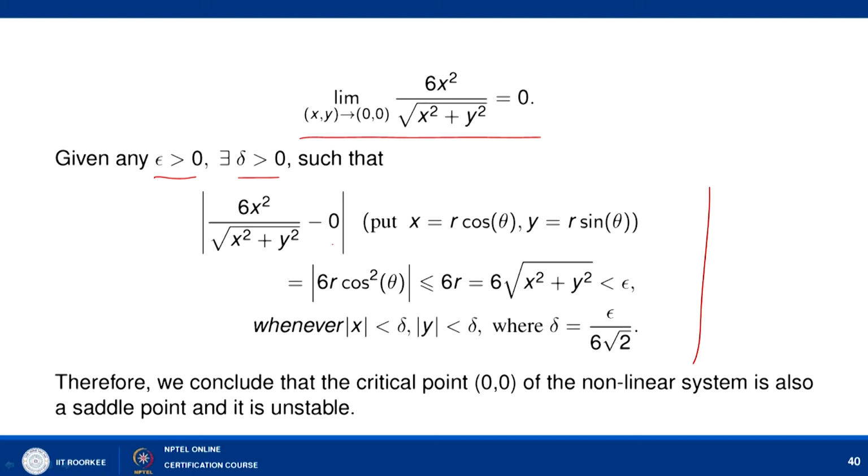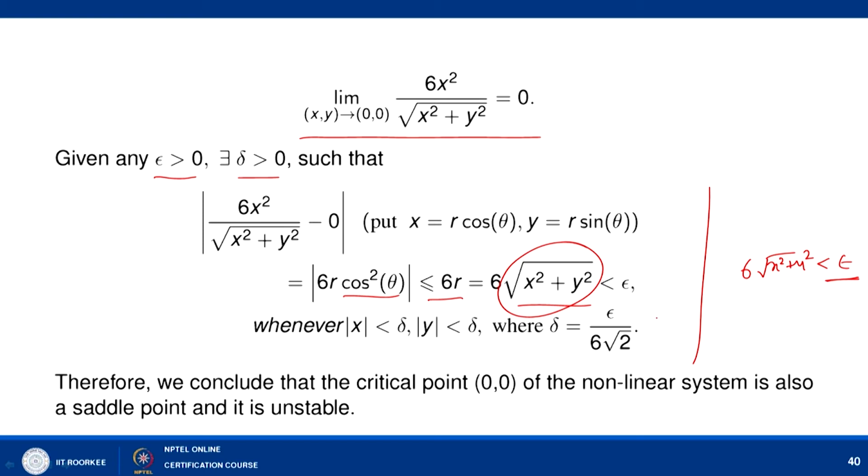So, this is nothing but 6 r cos square theta. Now, cos square theta is less than or equal to 1. So, we can say that it is less than or equal to 6r, which is nothing but 6 under root x square plus y square. We want that it should be less than epsilon.